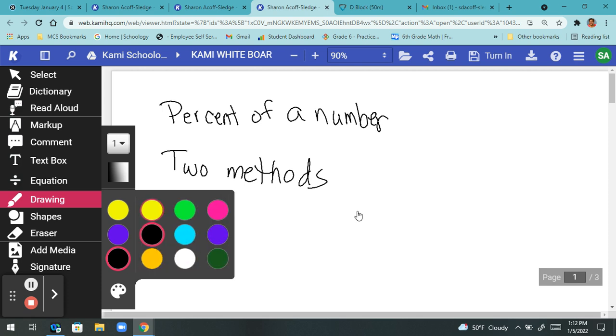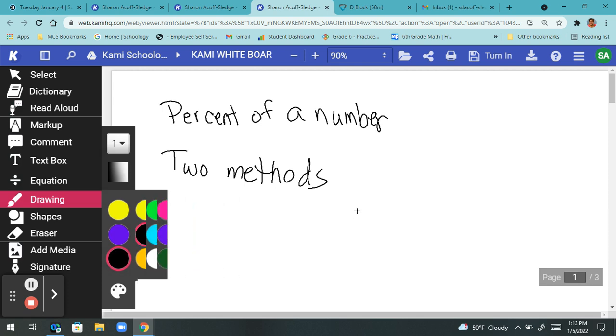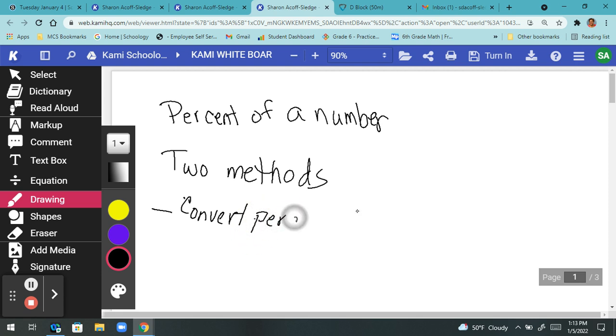Okay, so the first method is you're going to convert the percent to a fraction.